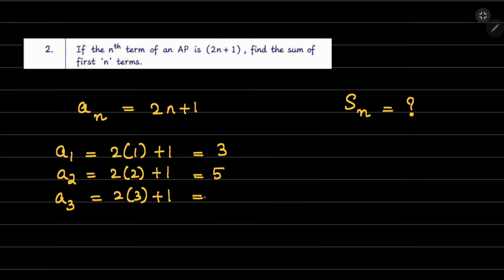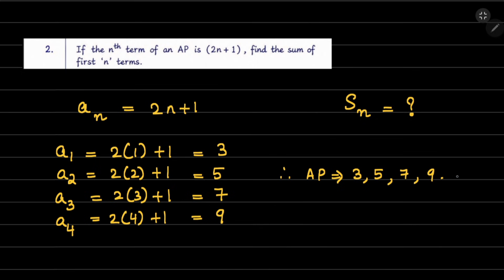So 2 3s are 6 plus 1, 7. You can calculate the fourth term. So 2 into 4 plus 1, which is 9. So therefore, what is your AP? According to the nth term expression, it is 3, 5, 7, 9 and so on.